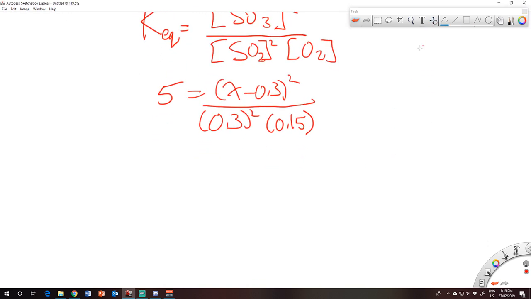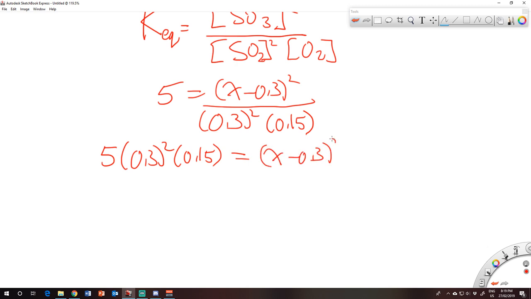Doing some algebra, I multiply 5 by 0.3 squared by 0.15, and this equals x minus 0.3, all squared.